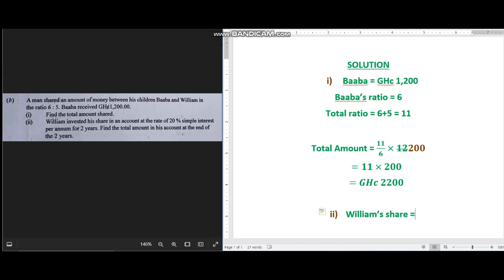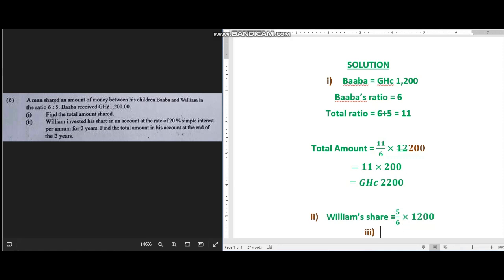equal to, you do the same thing, William's ratio over Baba's ratio. William's ratio is given to us as 5, over Baba's ratio, which is 6. Then all this will multiply Baba's amount, which is 1,200.